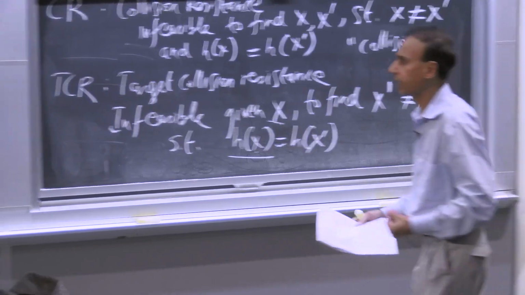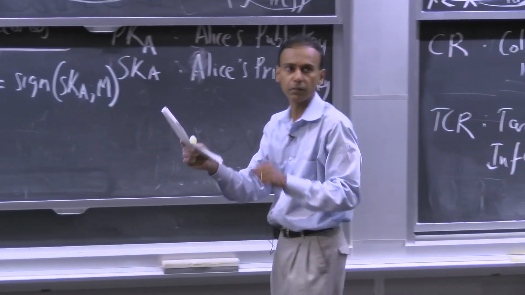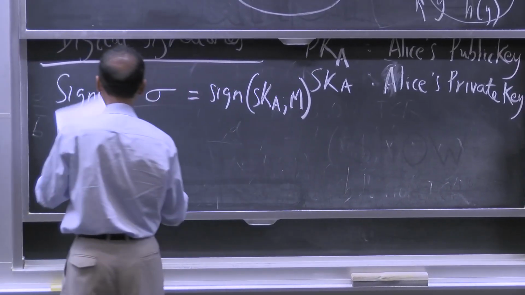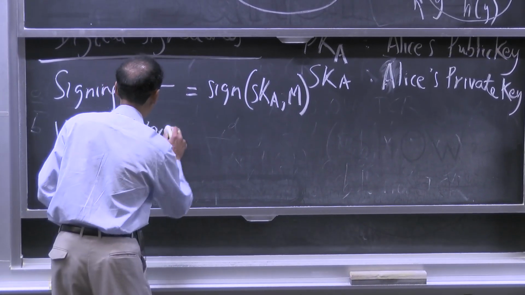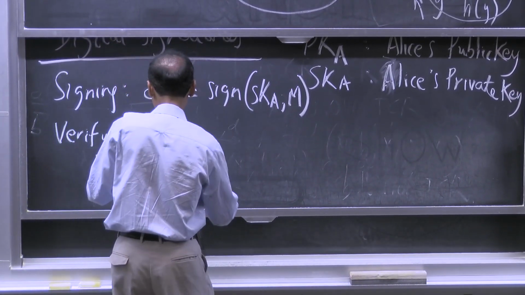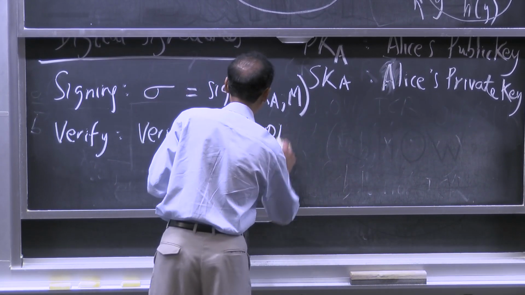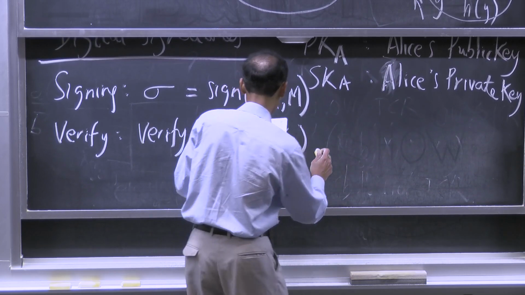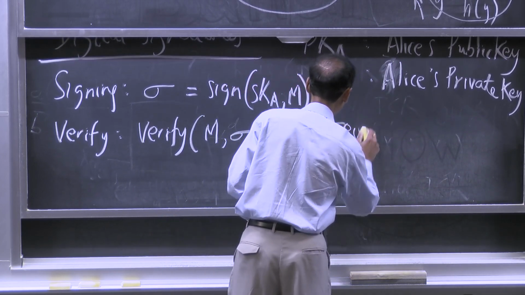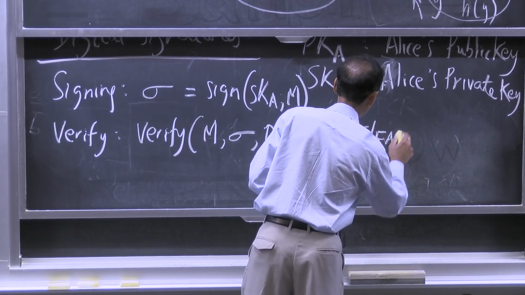That's what signing means. You have this long message and you sign it at the bottom. You're taking responsibility for the contents of that message. And then verification is you have M, sigma, and a public key, and this is simply going to output true or false.